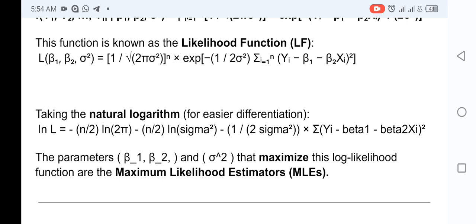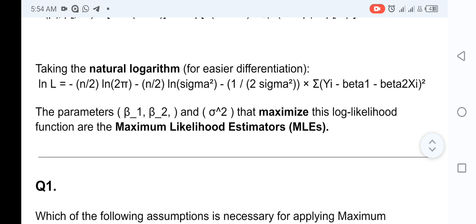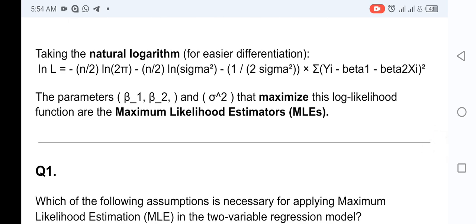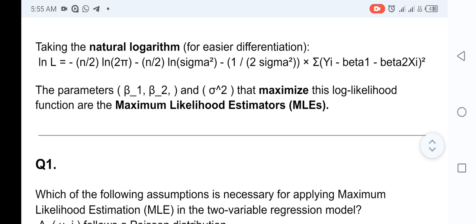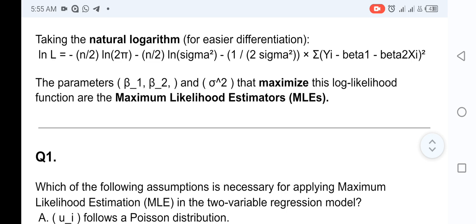Taking the natural logarithm for easier differentiation: ln L = −(n/2) ln(2π) − (n/2) ln σ² − (1 / 2σ²) Σ(Y_i − β_1 − β_2 X_i)². The parameters β_1, β_2, and σ² that maximize this log likelihood function are the maximum likelihood estimators, MLEs.